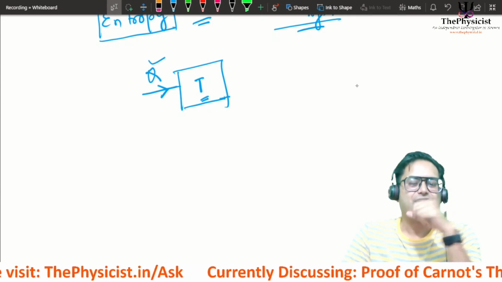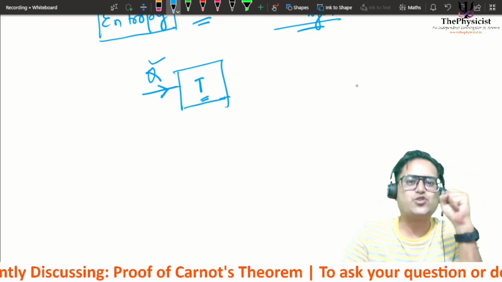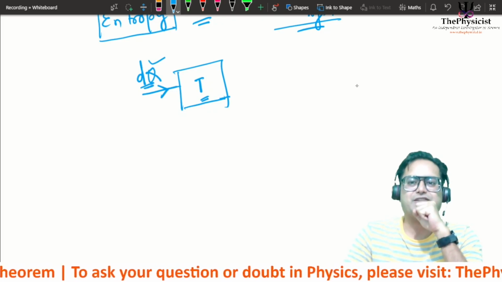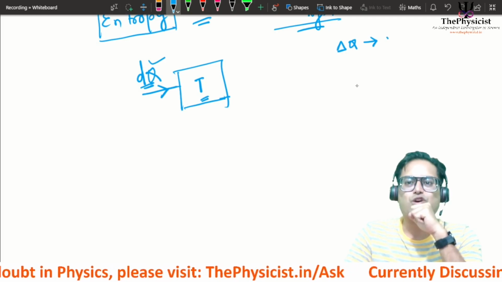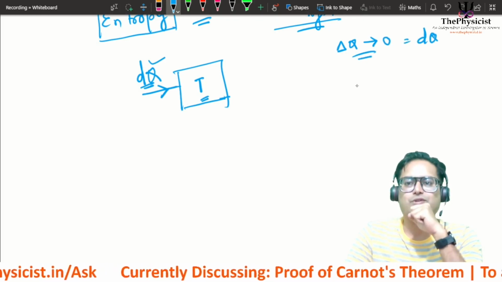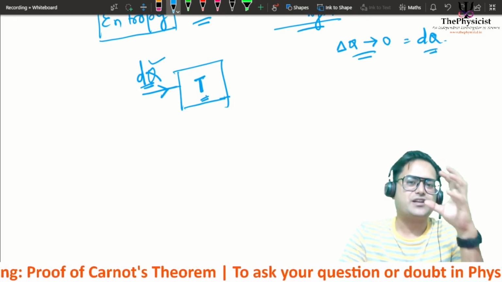Yes, it will, right? So let's make the definition precise by assuming that it's a very small amount of heat, some heat which is very close to almost zero. We call that dq, a very small amount of heat, so that it does not change the temperature of the system appreciably.